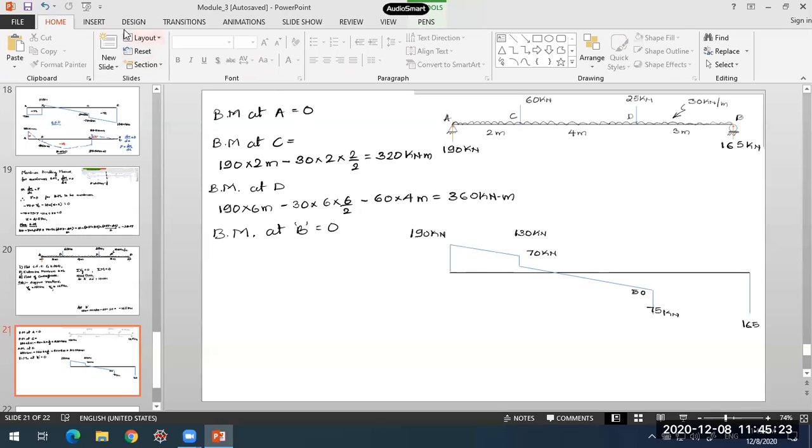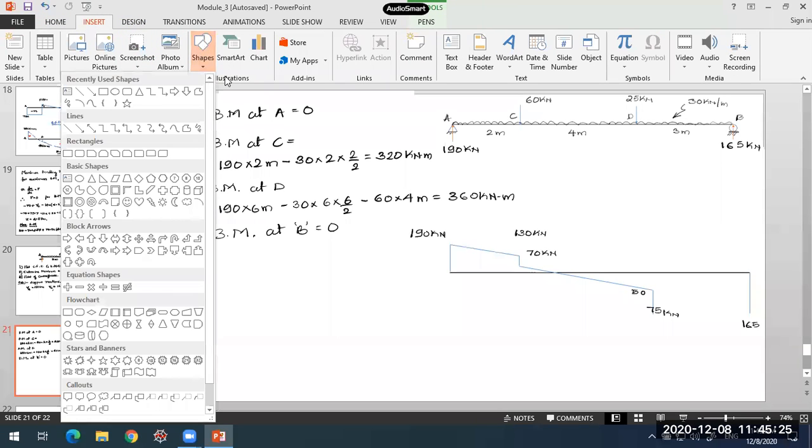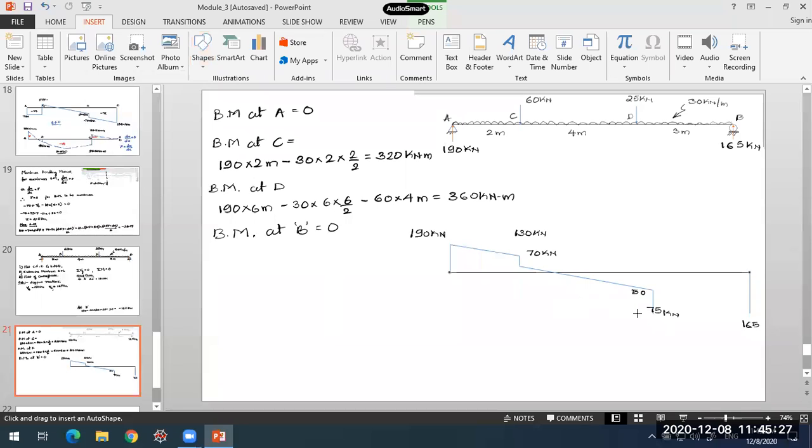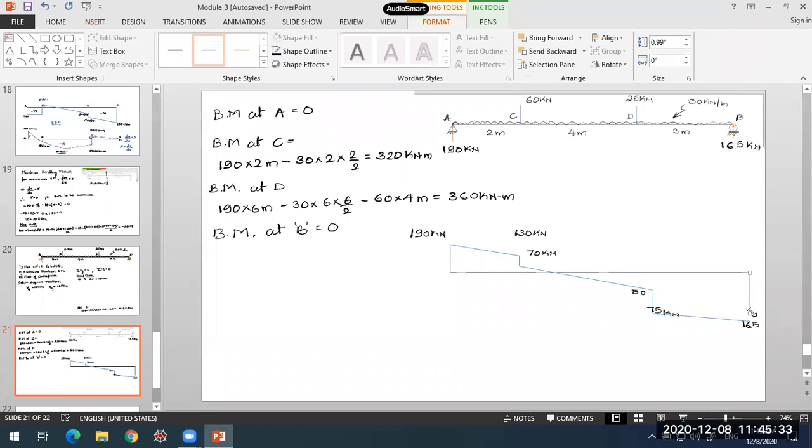And after that, from here till here, 165. So this is the variation of shear force now.